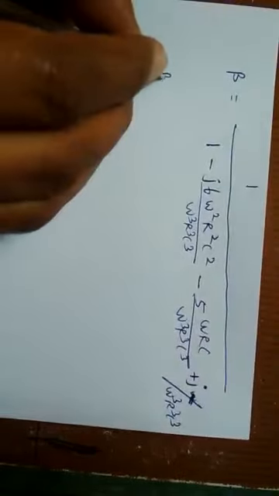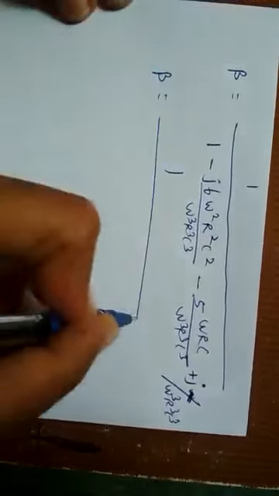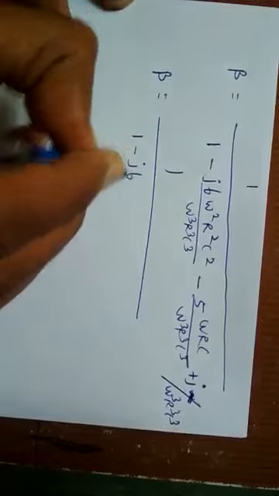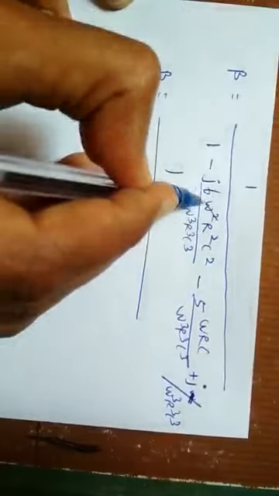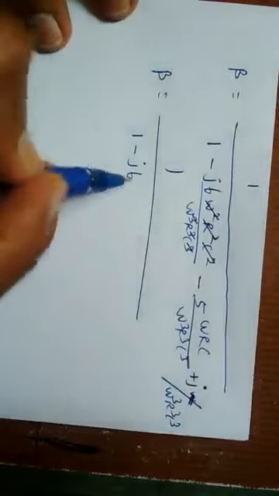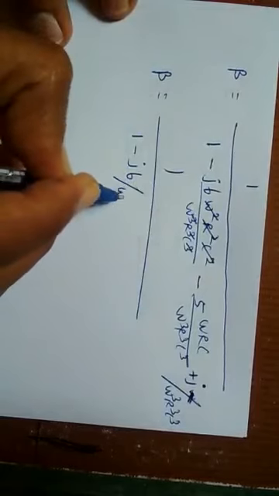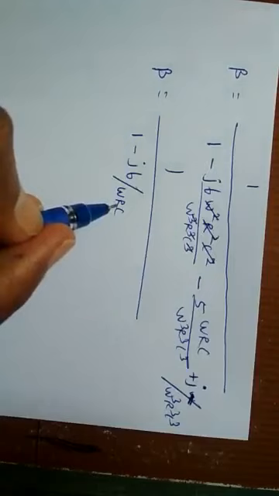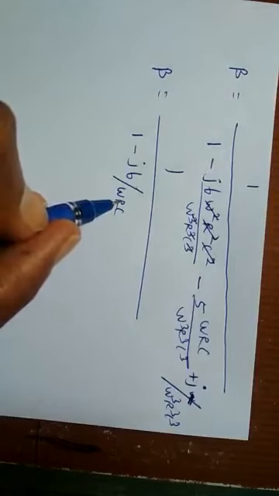And again beta becomes 1 by 1 minus j into 6 into, here omega squared R squared C squared, so the square will be cancelled. You will be having minus j by omega RC.